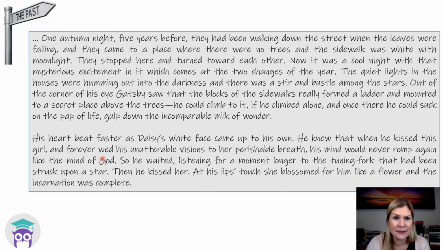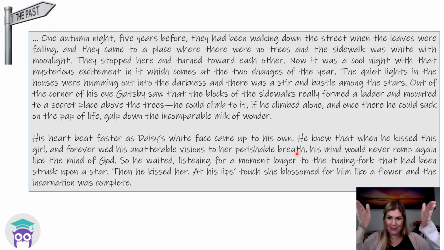If he kisses her, he, note the personification, weds those visions, those ideas of his identity and who he is to her perishable breath. Perishable breath because she's tangible, she's real. So if he does this, it's a commitment to her that means that's what he's chosen, and he doesn't get to create more new exciting identities.